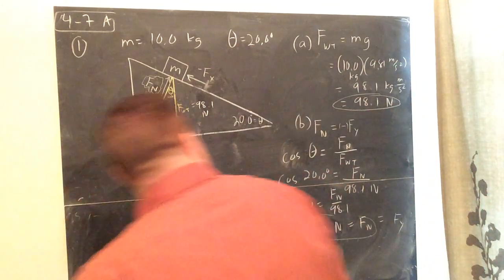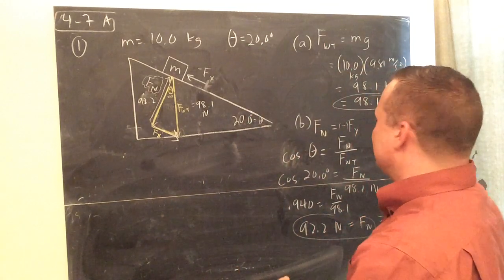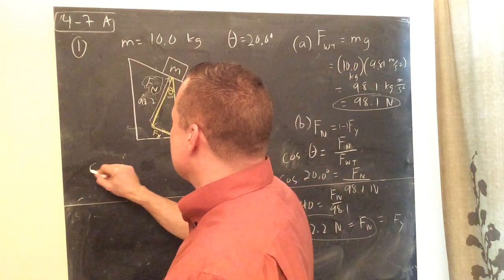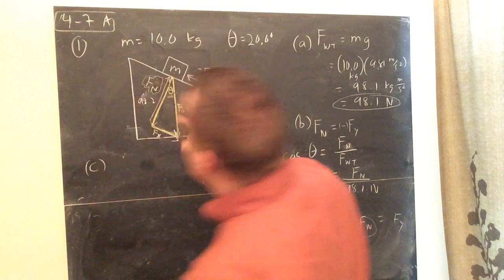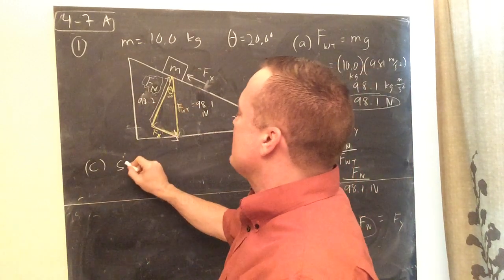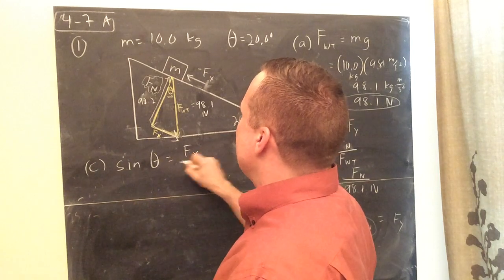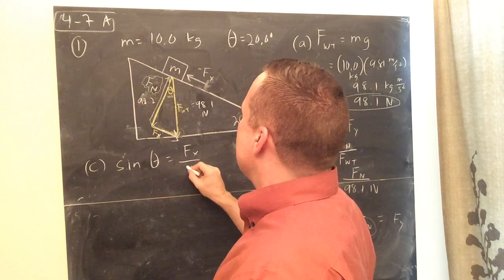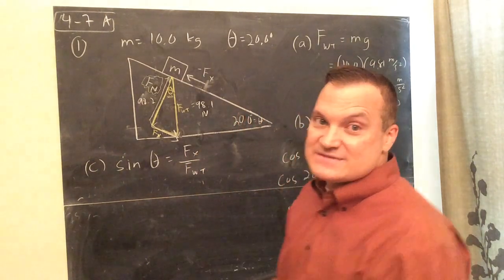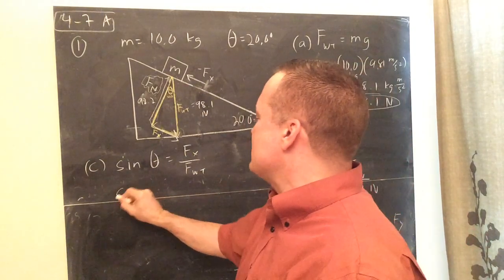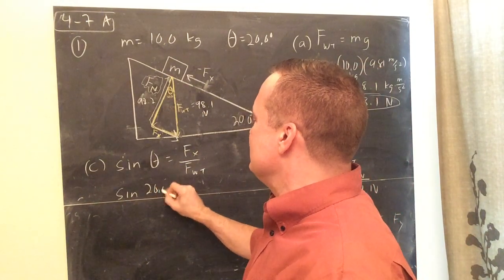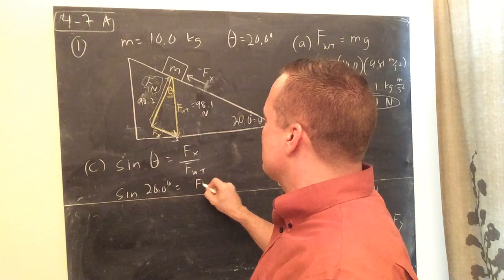Okay, so let's calculate Fx. I'll just do it here. Fx comes from sine, and we showed you this when we did acceleration. Sine of theta is Fx over F weight. So sine of 20 degrees equals Fx over 98.1.